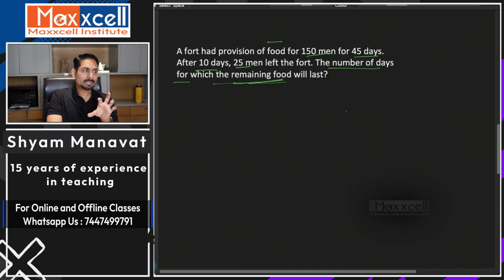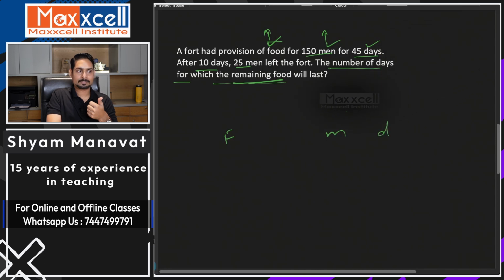You can understand that there is a relationship between the food, the number of men and the number of days. If you have more people, then you require more food, right?